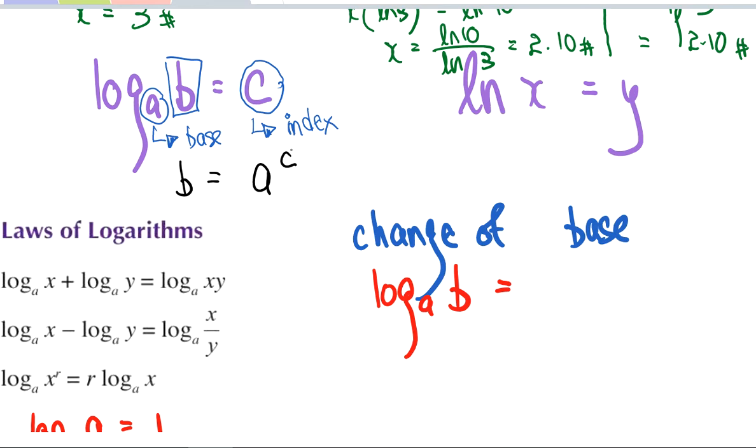Similarly, ln can be written as log to base e. So Renan, can you tell me how to change this to index form? Which one stays? x equals e to the power of y. Okay, thank you very much.